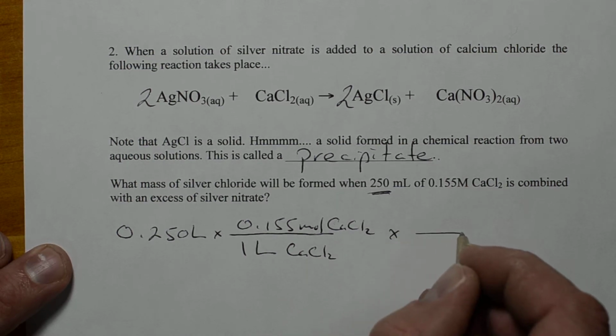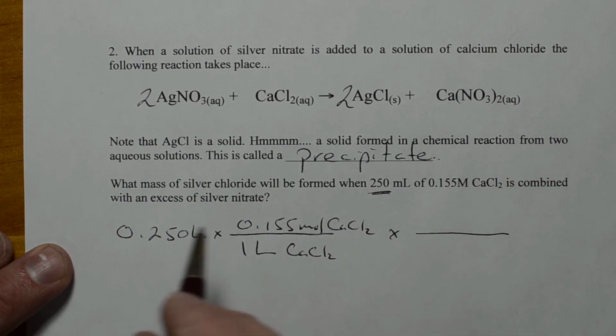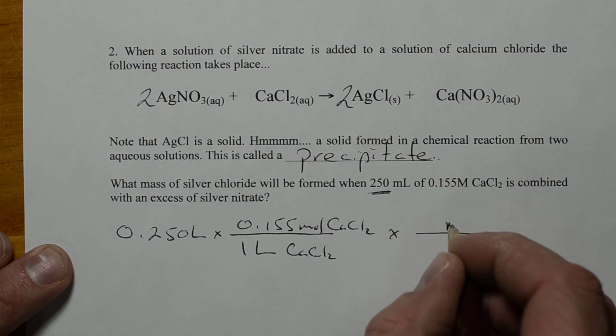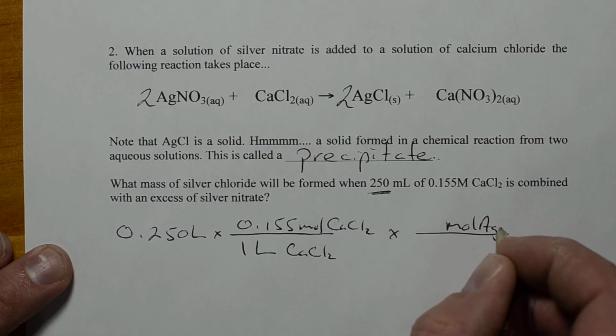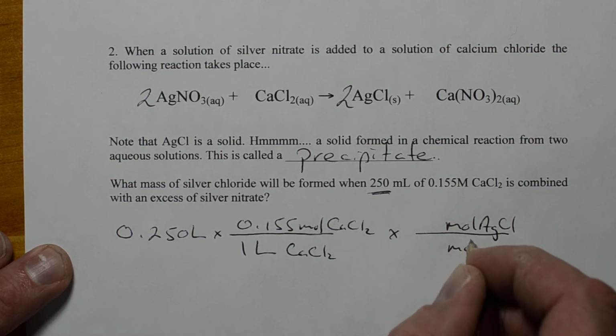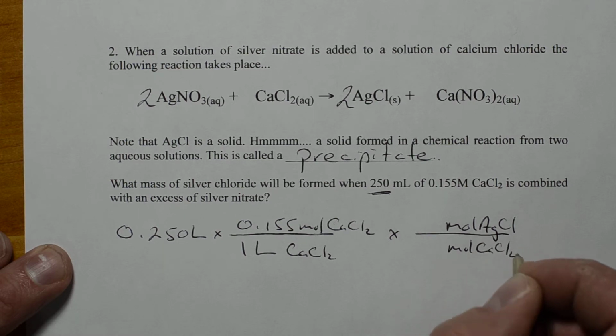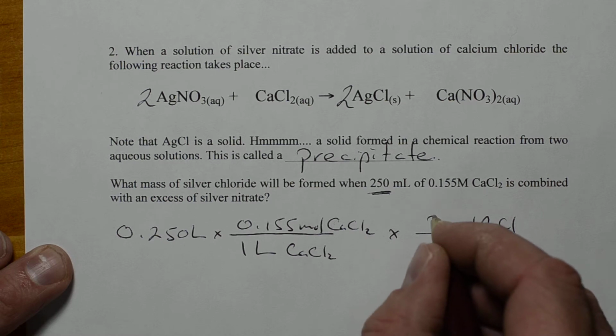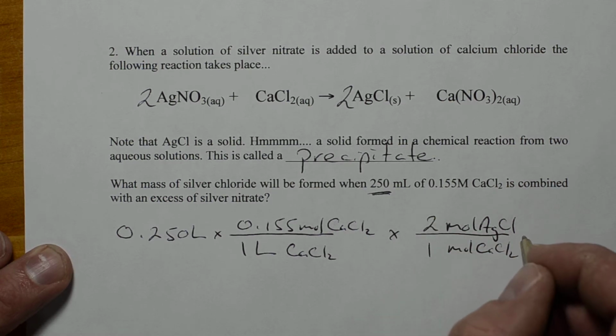Now for my next conversion factor, if I go back here, how much silver chloride will be formed? So I want moles of silver chloride on top and moles of calcium chloride on the bottom. I go back to my balanced equation, and I see that that's a 2-to-1 relationship.